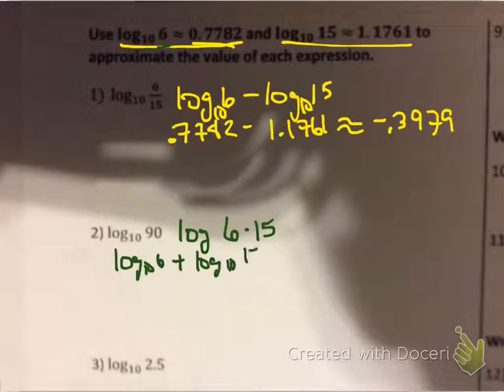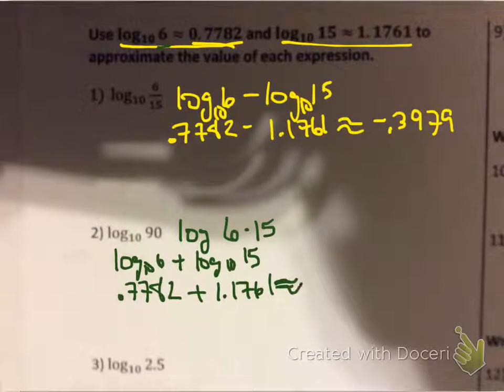Well, again, it has to be in terms of 6 and 15, so maybe divide one of those into it, and what you would find out is that 90 is 6 times 15, which means I can rewrite that as log base 10 6 plus log base 10 15, and say 0.7782 plus 1.1761, and get for an answer 1.9543. Okay, and that's that on those.